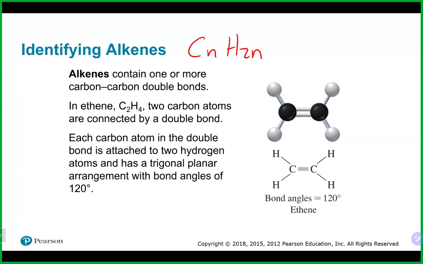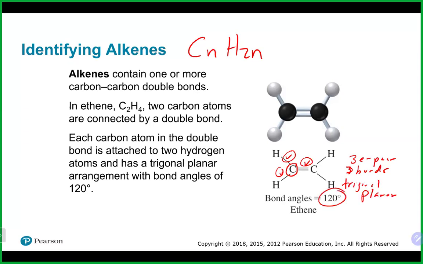It also changes the bond angle. We now have 1 electron pair, 2 electron pairs, 3 electron pairs. And we also have 3 bonds: 1 bond, 2 bonds, 3 bonds. And that's going to give us our trigonal planar geometry.